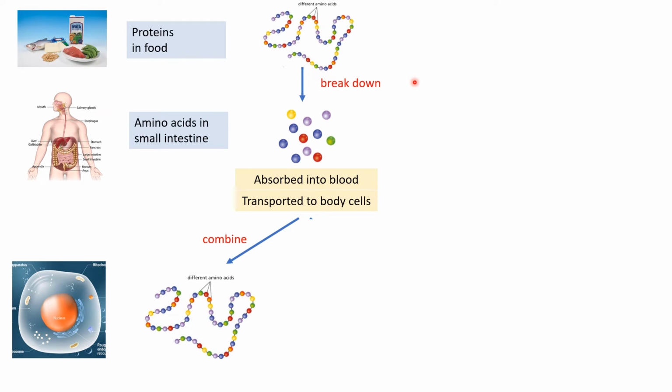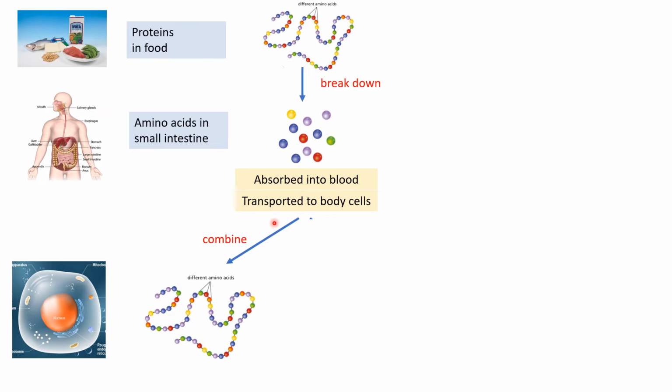But think about it. You're not a cow, right? So the protein in the milk, you don't want a protein in the cow. You want a protein in human, right? But don't worry, you don't need to eat a human to do that, because these amino acids, remember, it's possible to be joined in different ways, in different sequence to be exact.